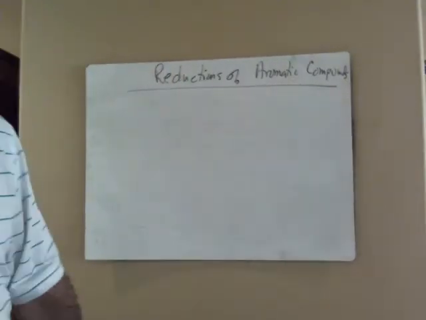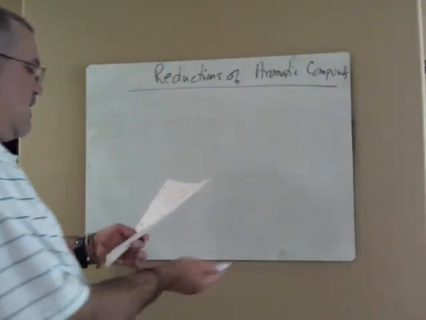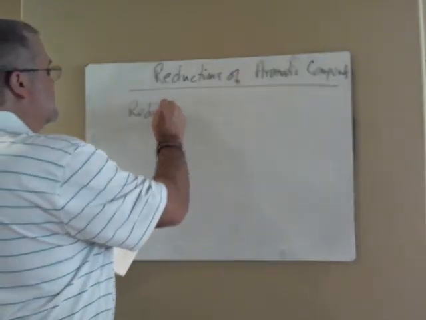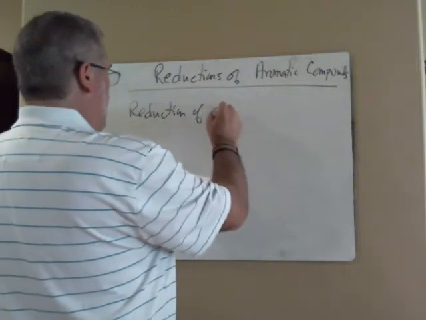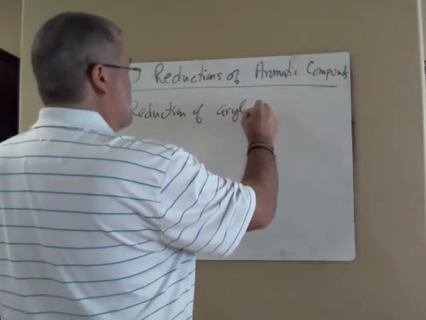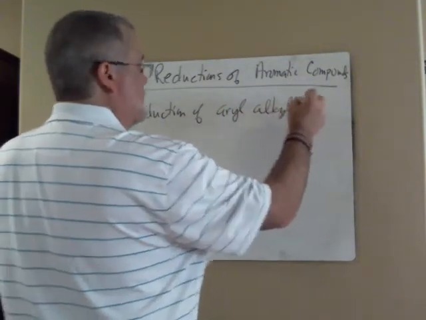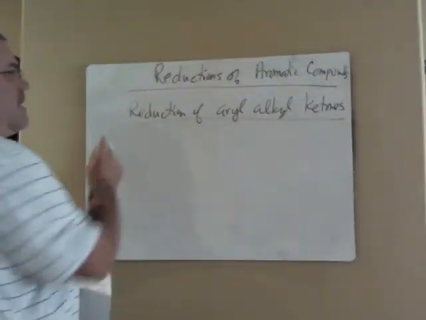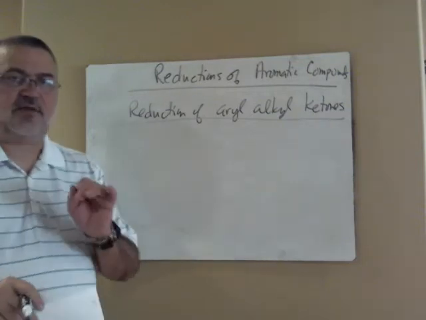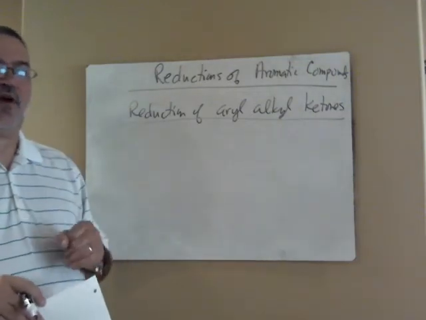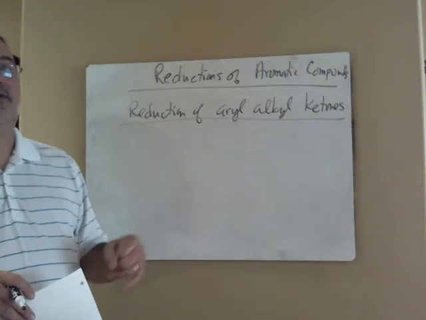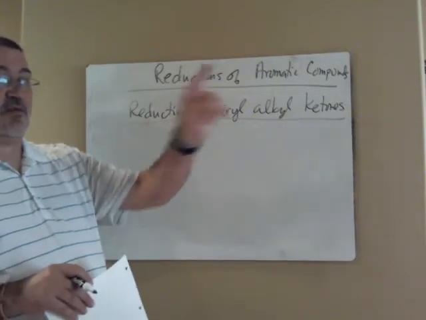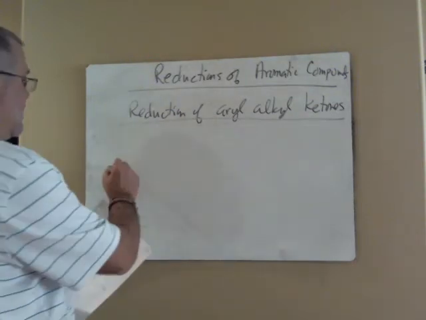All right. Next thing is the reduction of aryl alkyl ketones. Now we're going to have to look here at the subtlety of the position of the carbonyl, because we've already looked at a case where we did, remember, the reduction of the alkene on that substituent where there was a carbonyl and nothing happened.